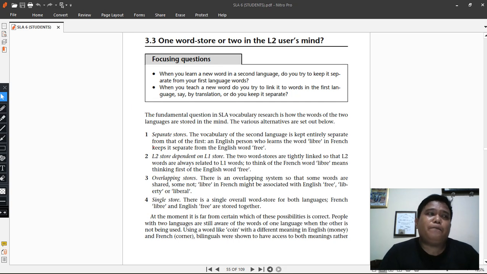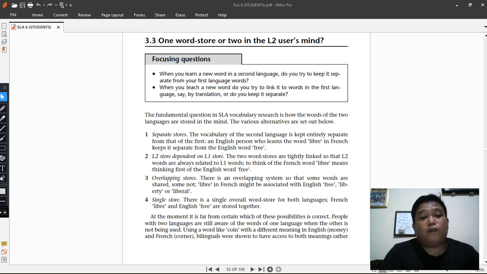Well, some maybe because they don't have enough knowledge about English, but some it's because they use overlapping stores. It's like when you combine your Indonesian and English to speak to someone.